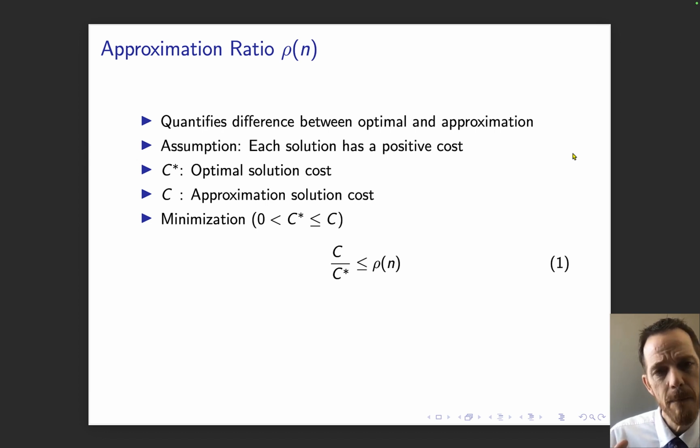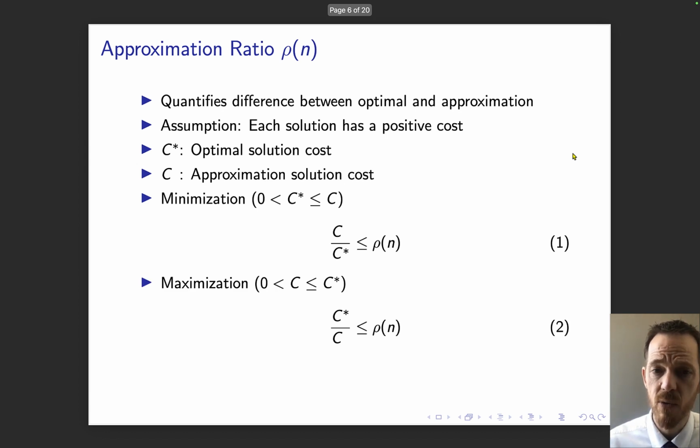So if we have a minimization problem, that means C star is greater than 0 but less than or maybe even equal to C. Then we have the ratio C over C star is less than or equal to rho of n, our approximation ratio. And there we have it. Now, what if we're maximizing?